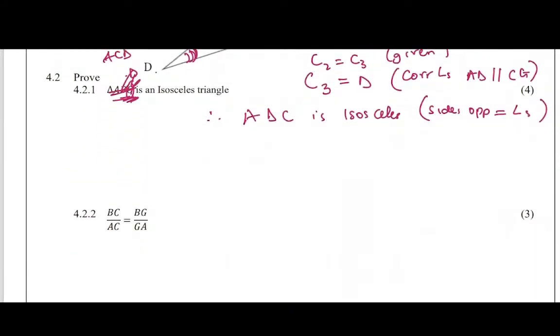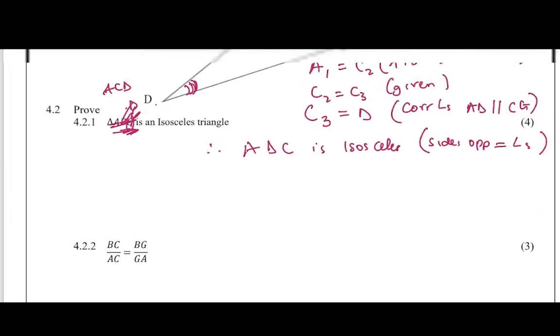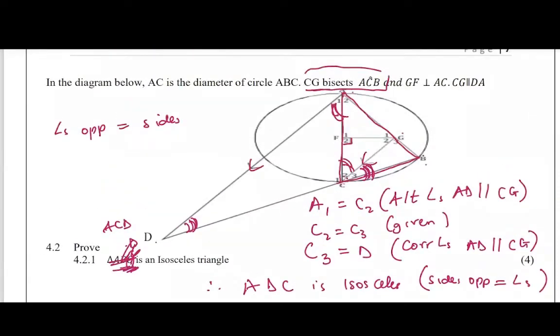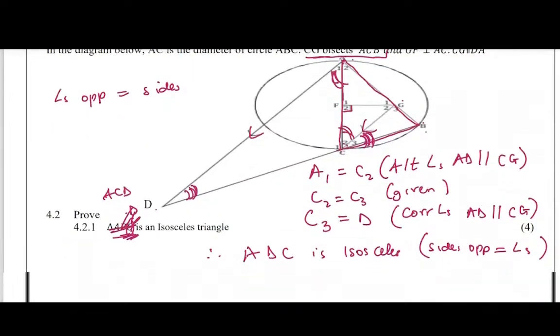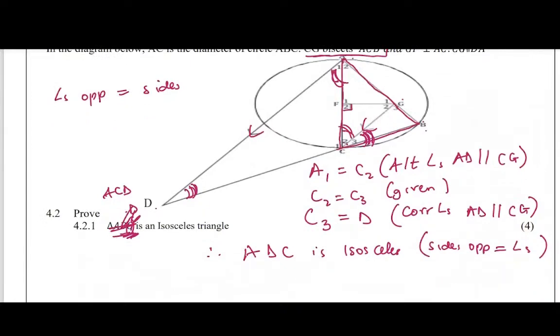And then 4.2.2, they want us to prove that BC over that is equal to that over that. So from the proportionality theorem, I'm going to just write this side. Okay, so we said this was ABC or ACD.